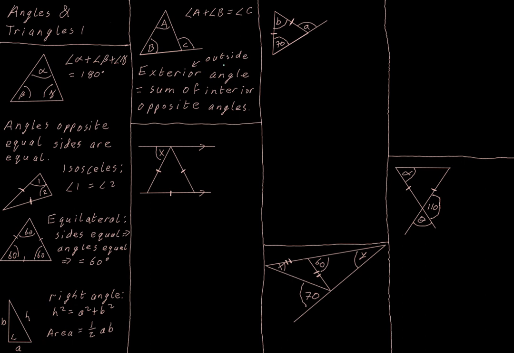And another method that we have for the angles in a triangle is the exterior angle. So the exterior, which means the outside angle to the triangle here, would be the angle C. The exterior angle is the sum of the interior opposite angles.